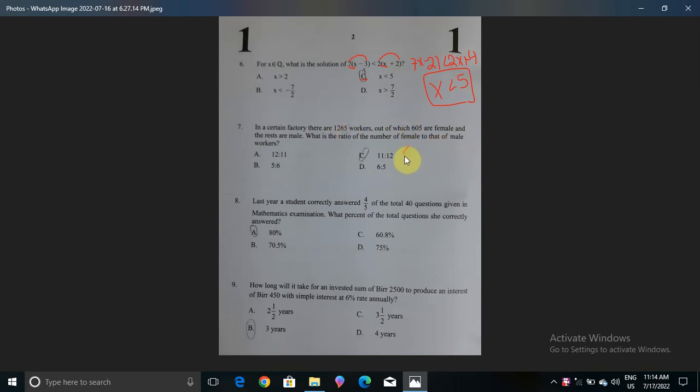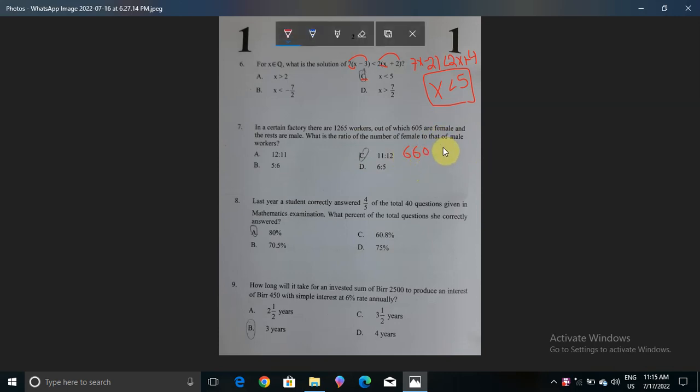Then we will get 660, right? Then we want to find the ratio of female to male, right? So here 605 is for the female, and 660 is for the male, right?